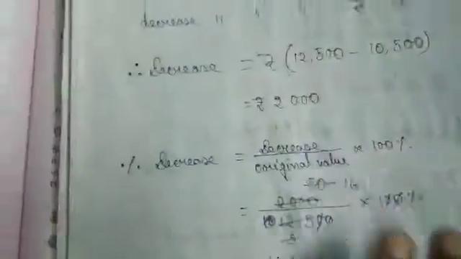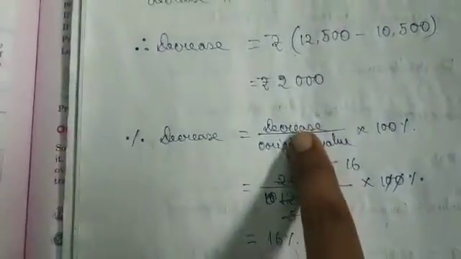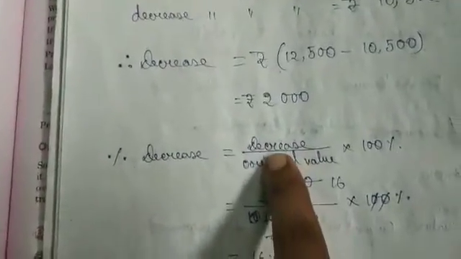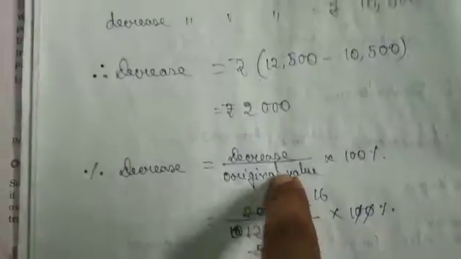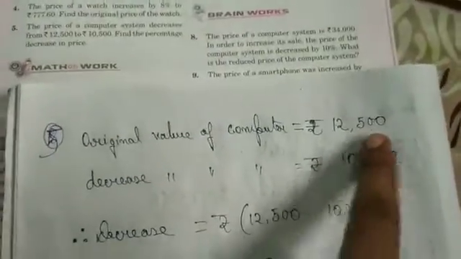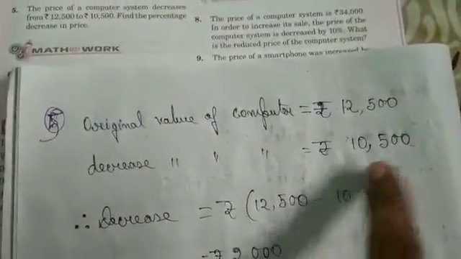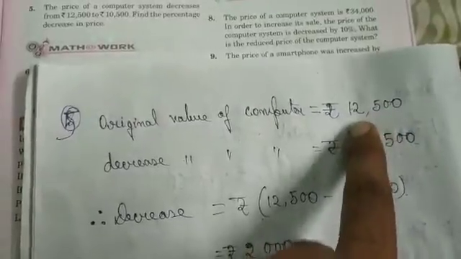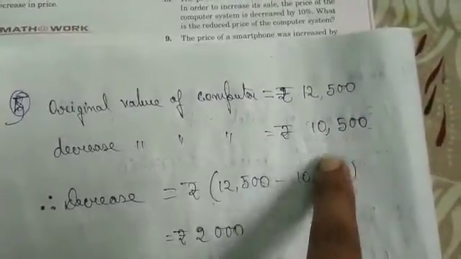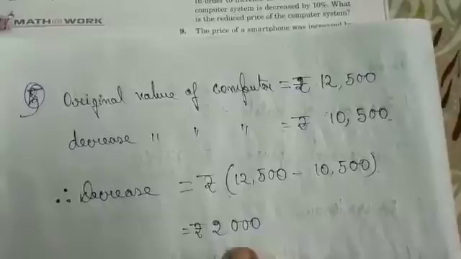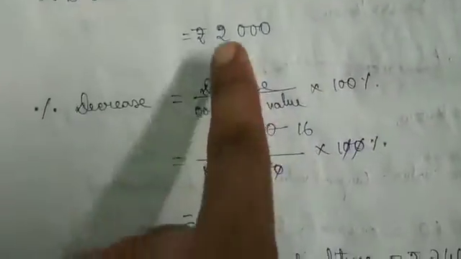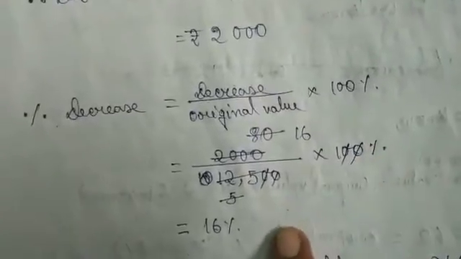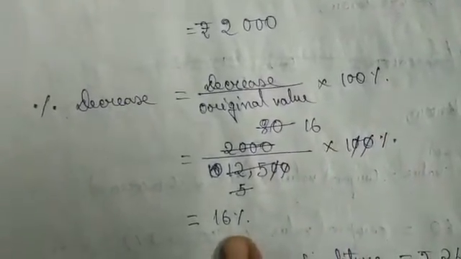To find the percentage decrease, in the formula we need the decrease in money and the original value. The original value is 12,500. The decrease we find by subtracting 10,500 from 12,500, so we have 2,000. Now just put the two values in the formula and cancel or calculate it. You will get the result as 16%.